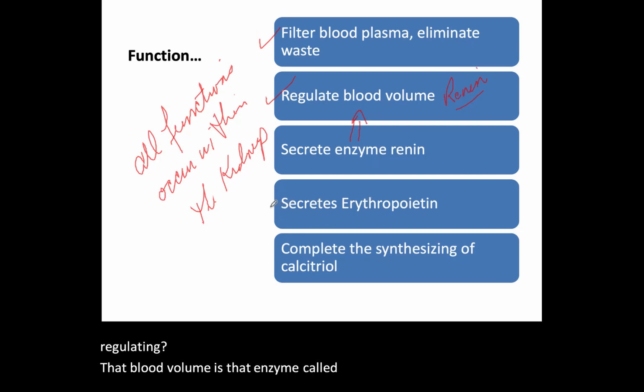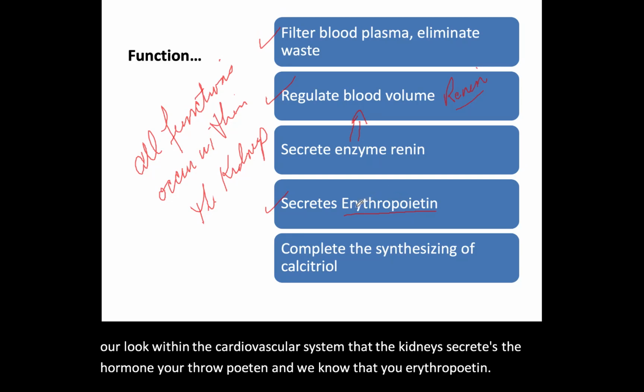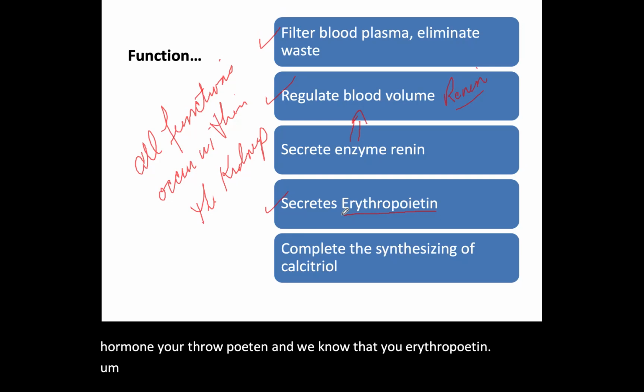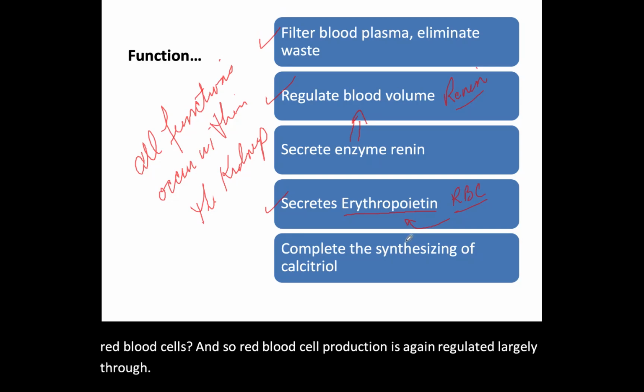We also know from our look at the cardiovascular system that the kidneys secrete the hormone erythropoietin, which stimulates pluripotent stem cells to differentiate into red blood cells. So red blood cell production is largely regulated through erythropoietin being secreted from within the kidneys.